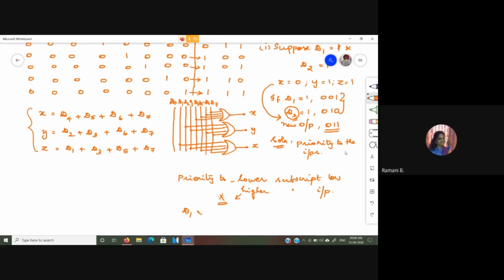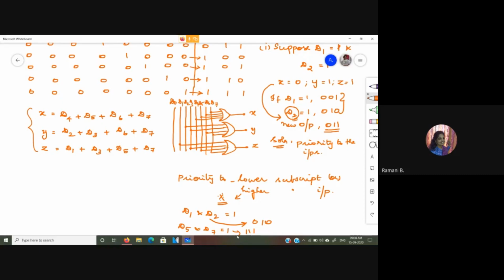If D1 and D2 are equal to 1, I design the system such that if D2 is equal to 1, you don't bother about the lower subscript values, that is D1 or D0. Give me the output of 0, 1, 0. Or if I am going to have D5 and D7 to be 1, in such a case also, I can say that you please don't bother about D5, give me the output of 1, 1, 1. That is what is meant as priority. Now you understood? Yes, ma'am.